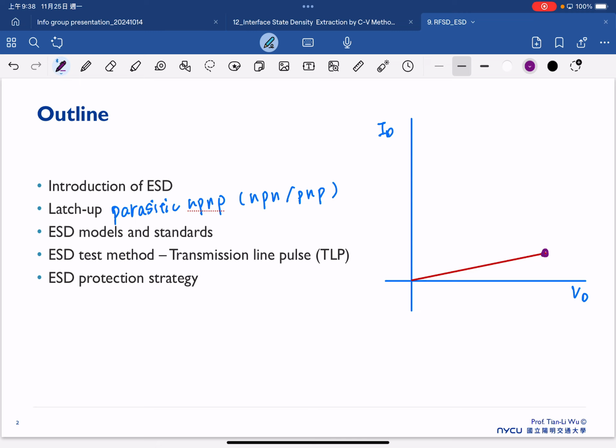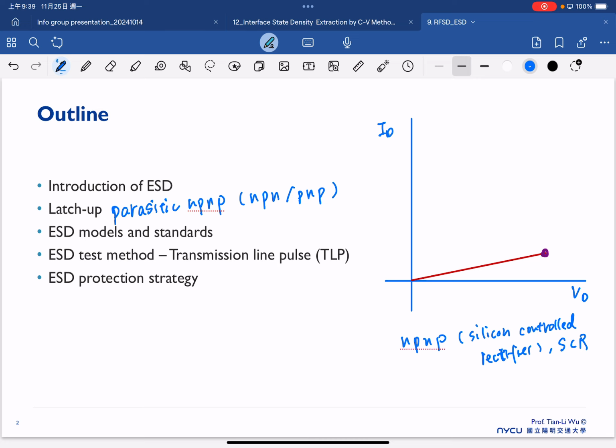In ESD we consider this a parasitic transistor, but in other domains, like power semiconductors, we have another name for this NPNP, which is the silicon control rectifier. We also call this an SCR.